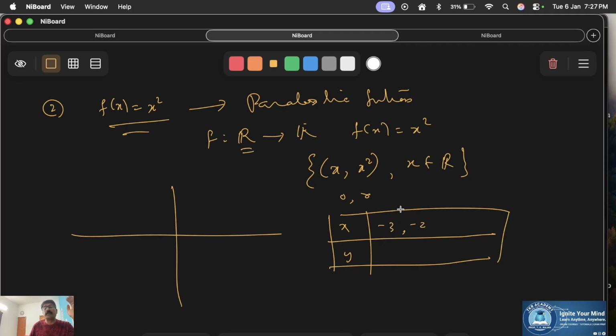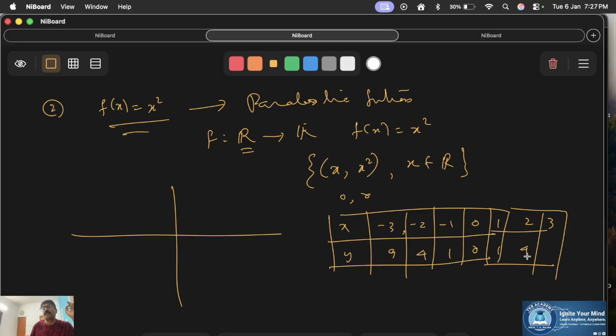But for the drawing purpose, we take the integer values for x for the time being: minus 1, 0, 1, 2, 3. And you compute the corresponding y values. Every element has its square as image. So minus 3 square is 9, minus 2 square is 4, then 1, 0, 1, 4, 9.